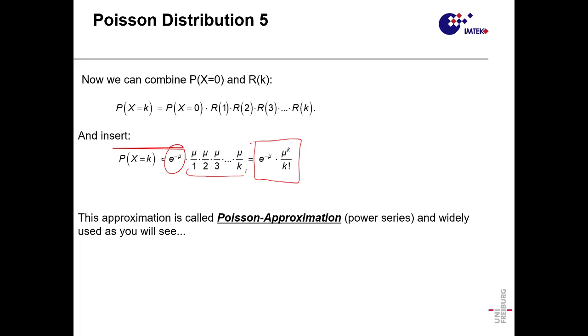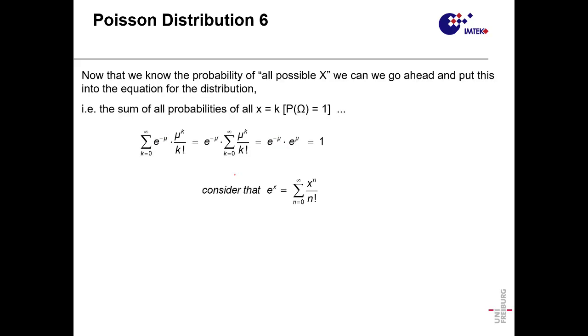And it becomes an approximation because of this guy, because it's not exactly, as we saw, the exponential, but it's an approximation. In this case, the sum of all the probabilities has to become 1. That proves that this distribution is actually a probability distribution.